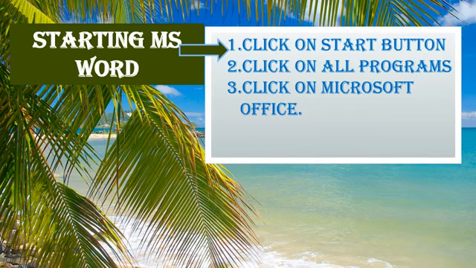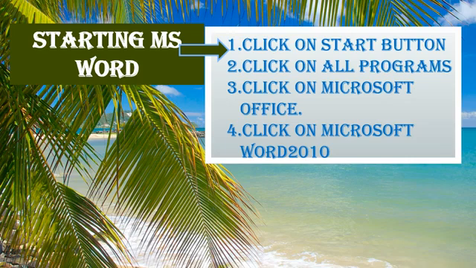So what do you need to choose? Microsoft Word 2010. Okay, so let's repeat it again. Click on the Start button, click on All Programs, click on Microsoft Office, and in this folder Microsoft Office we will find this option. So we are going to click on Microsoft Word 2010.